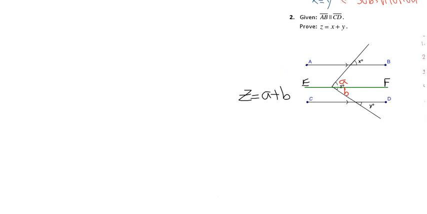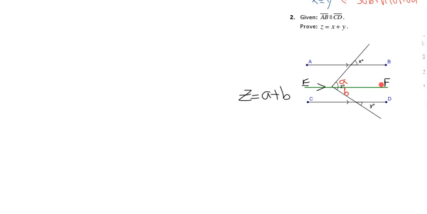Well, since we have here parallel lines, and I'm going to put the mark over here to show that all the three lines are parallel, since these two lines or segments AB and EF are parallel, this angle whose measure is X is corresponding to this angle whose measure is A. They're forming the F that help us to identify corresponding angles.